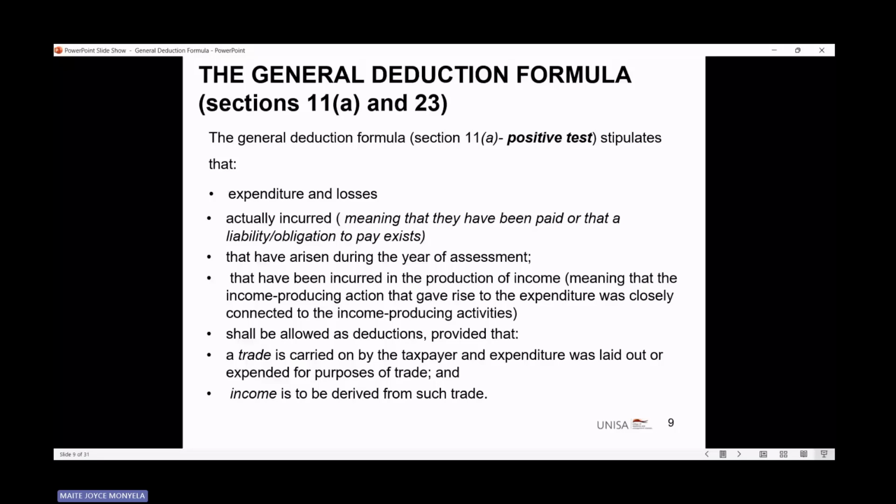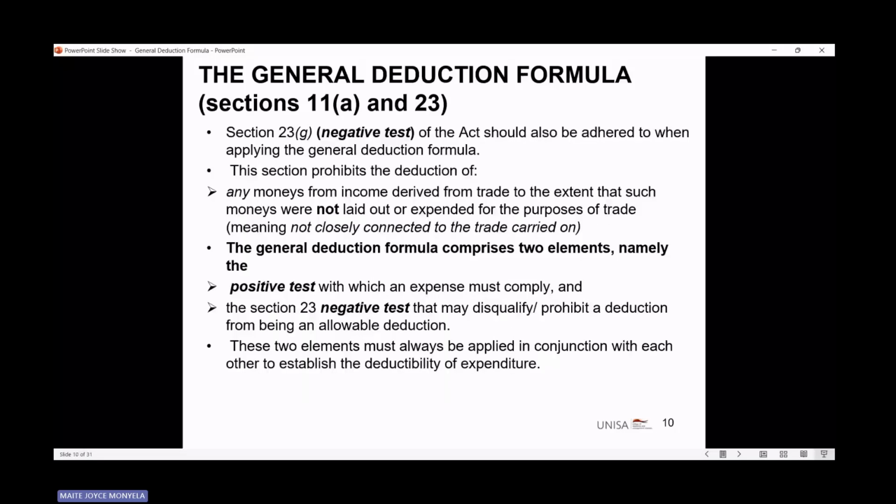So we have the positive test and the negative test. The negative test is under Section 23G of the Income Tax Act, and it should be adhered to when applying the general deduction formula.